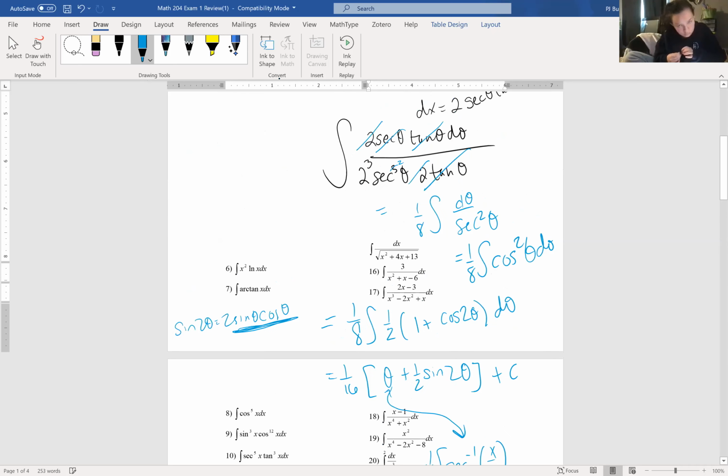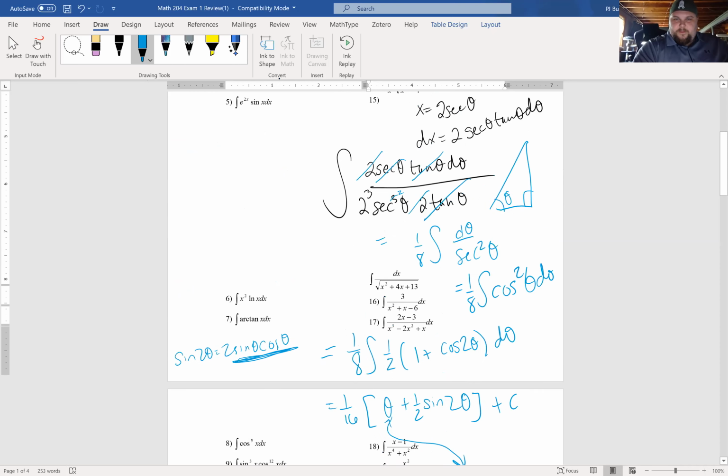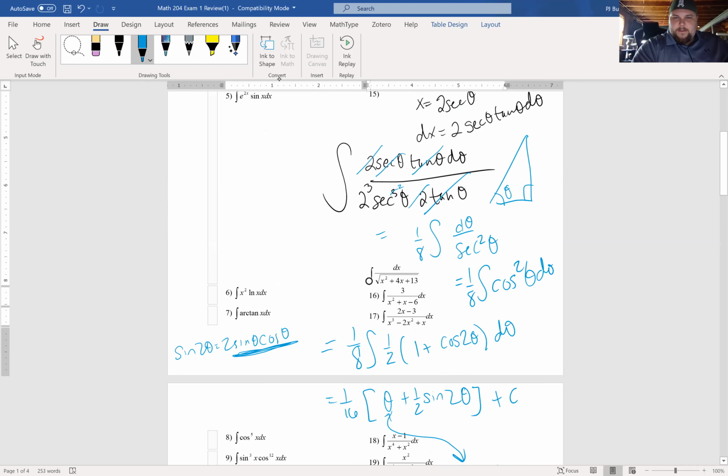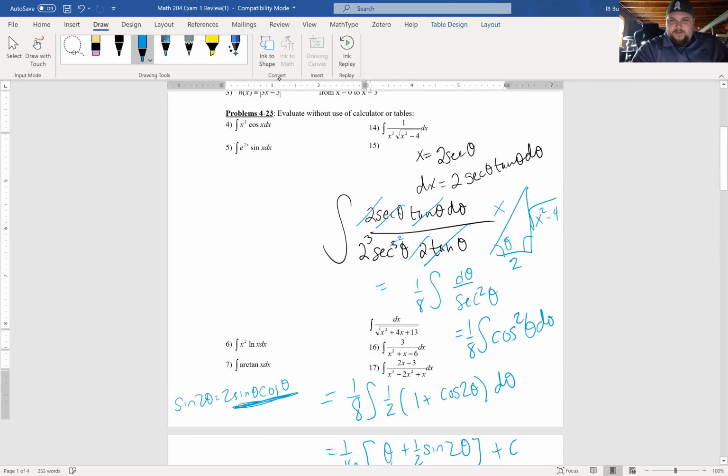So we would need our triangle. Secant was x over 2, and that is the hypotenuse over adjacent, right? Yeah. So then this side would be square root of x squared minus 4, and that better match what we had.